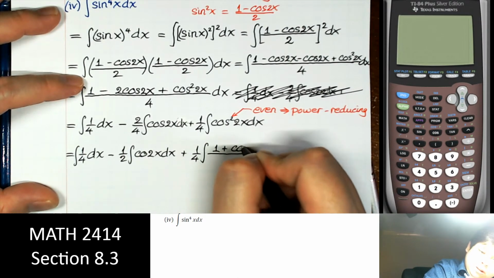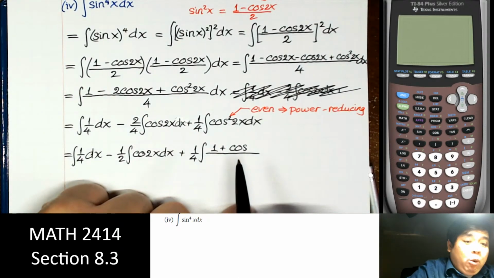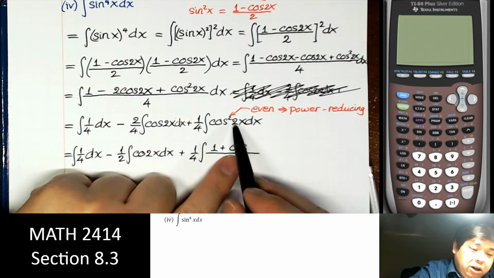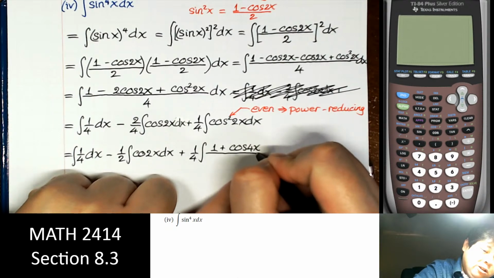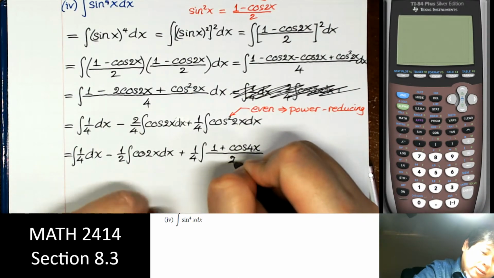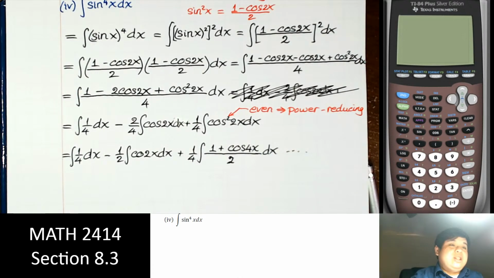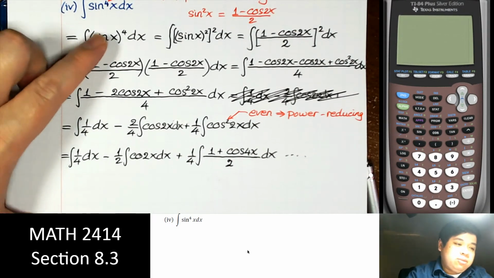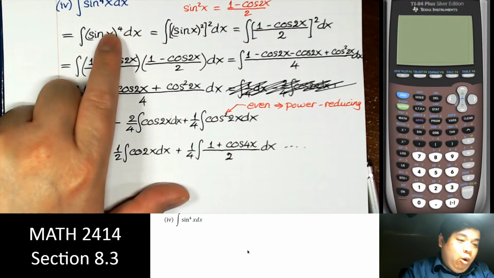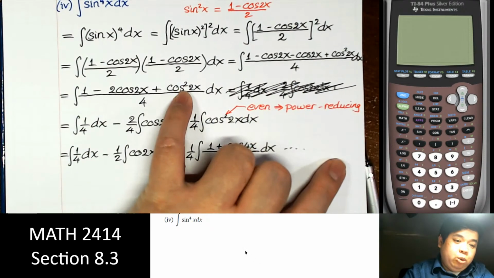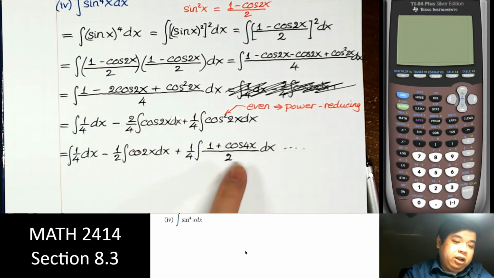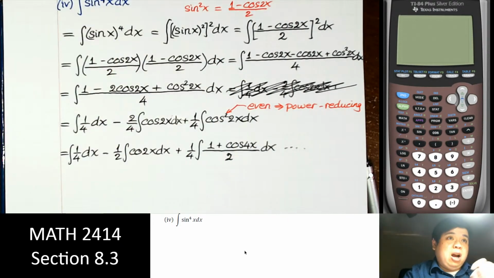Right. So power reducing, the power reduced to 1, but the angle is going to be double. And then split. I'm not going to finish this problem, but that's what we do. Power reducing. Every time we reduce the power, the angle is double, sine or cosine. So we go from the fourth to a square, and from the square to the first power. And every time we do that, the angle is double.